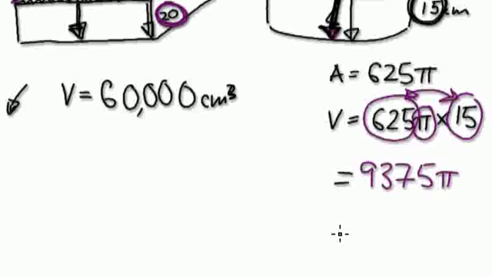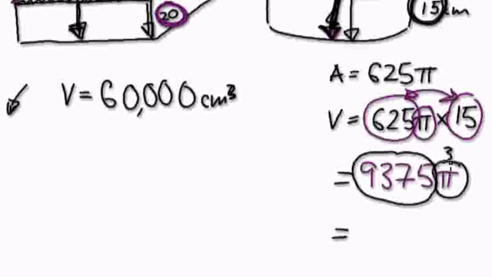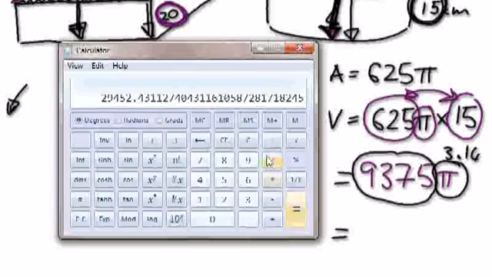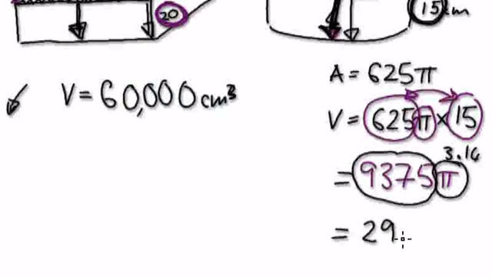Pi is just a number, 3.14 and so on. So 9375 times pi equals, let's just say, 29452. And remember, it's centimeters cubed.